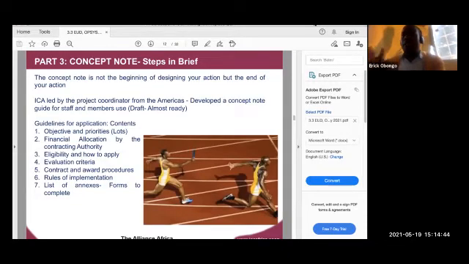Why are we saying that it is the end of our action? Because before you even sit down and say that now I want to write my concept note, there are quite a number of steps that you need to go through for you to come to that conclusion. One of them, you need to do the planning. You need to meet up with the people that you are going to involve in the project.